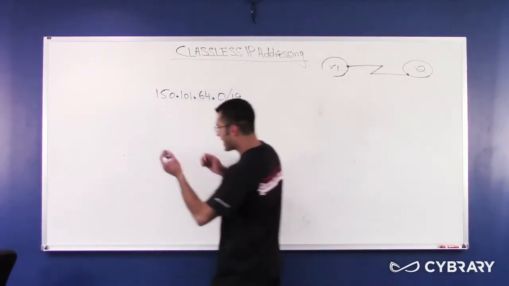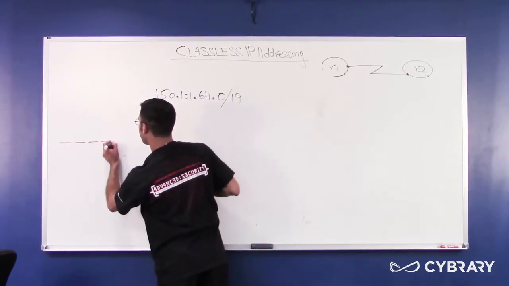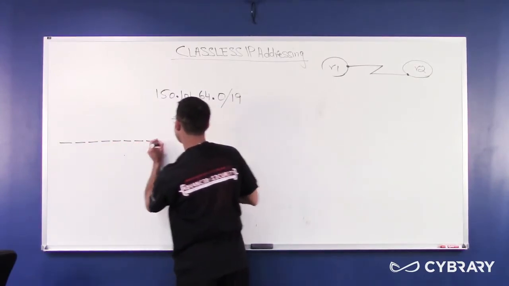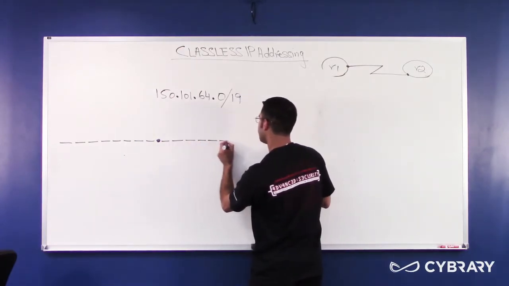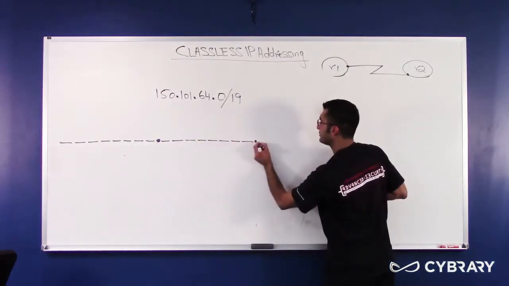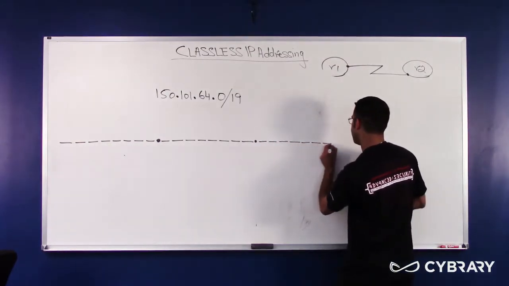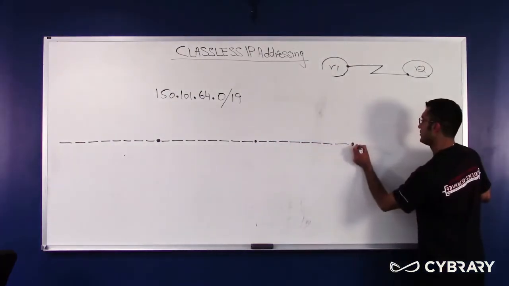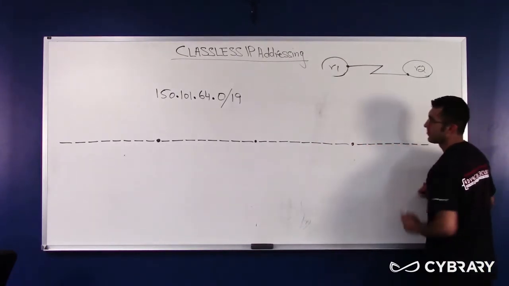So this time I'll do the whole thing. 1, 2, 3, 4, 5, 6, 7, 8. Dot 1 through 8. Dot 1 through 8. Dot 1 through 8.